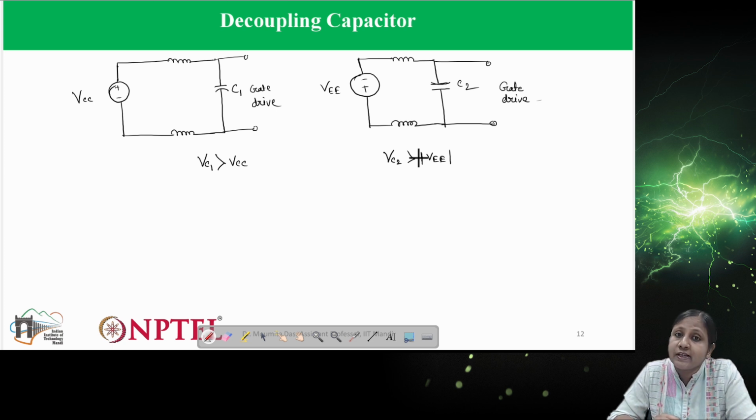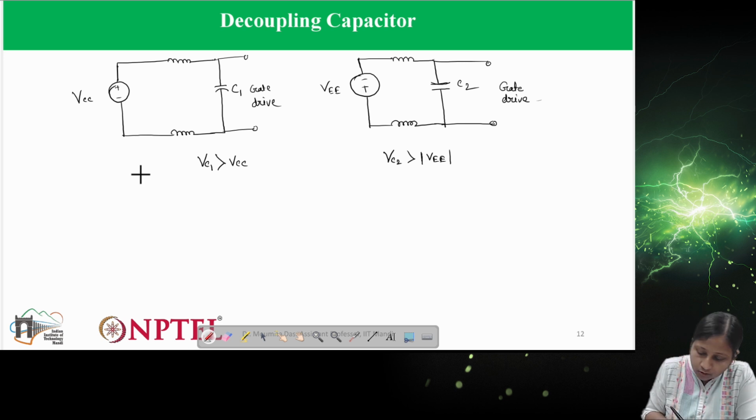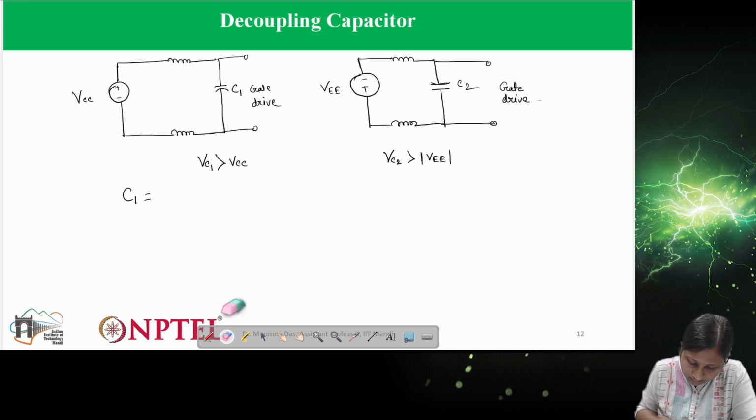Then how do we select the capacitance value? We can connect any capacitor, but connecting a big capacitor may cause different types of problems. So what should be the optimum value? That comes from the charge requirement. C1 should be greater than or equal to, and it is always good to choose a higher value, Qg divided by delta VCC.